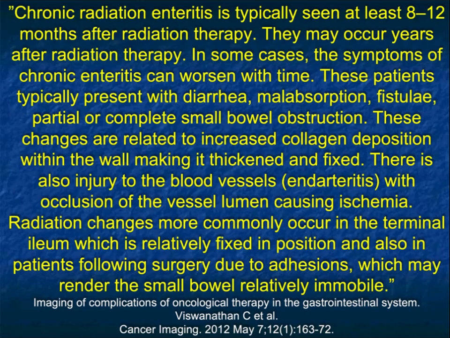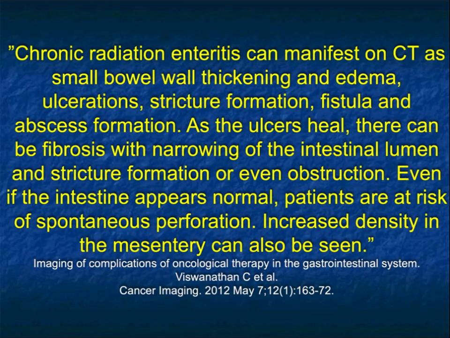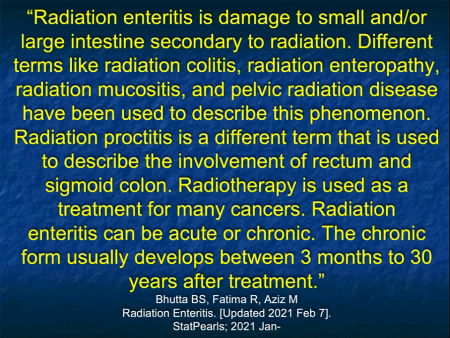So if patients are symptomatic and you see diseased bowel and the patient's been way past therapy and they're doing well, you might want to consider this possibility. So again, a challenge of chronic radiation, it causes strictures, it causes inflammation. So the challenge, of course, is tumor recurrence versus complications from surgery versus radiation changes. So again, it's not always going to be the easiest diagnosis.